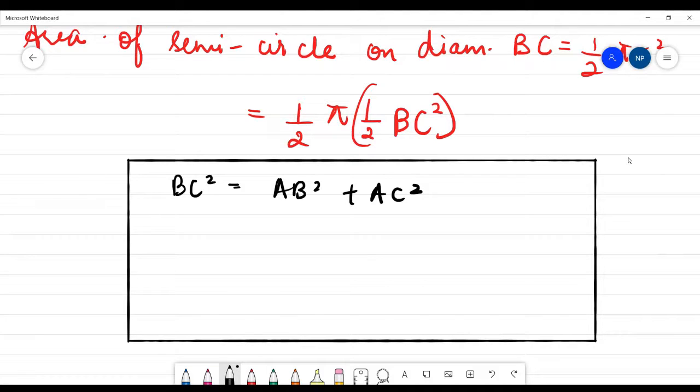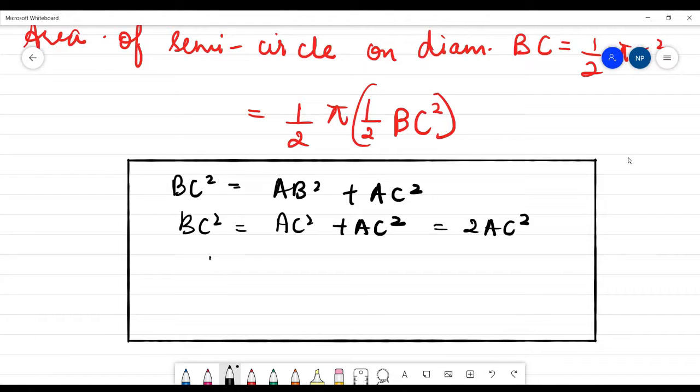We know that AB and AC are equal, because they are the radii of the quadrant. So this is AC square plus AC square, which gives us twice AC square.